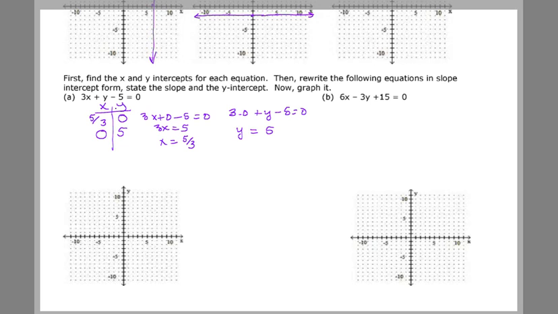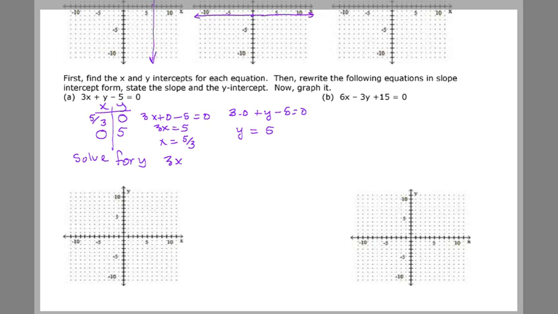It says to rewrite it in slope-intercept form and state the slope and the y-intercept. So now, let's write this in slope-intercept form. And the way that is done is we have to solve it for y.